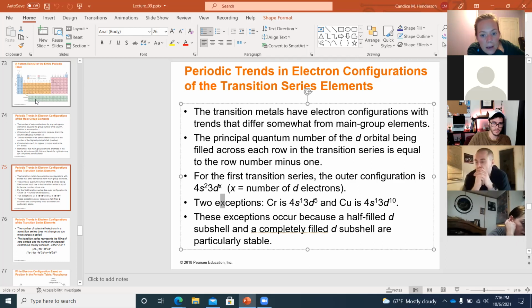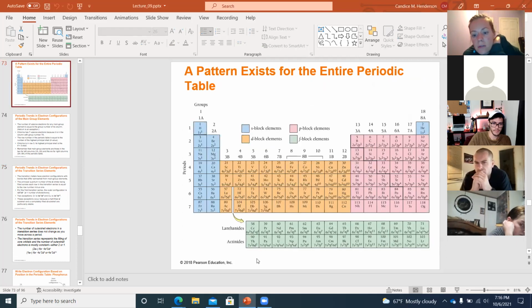Whenever you're looking at transition metals like these guys here or these guys here, when you have 4 in the d or 9 in the d, something happens. Let's look at chromium.